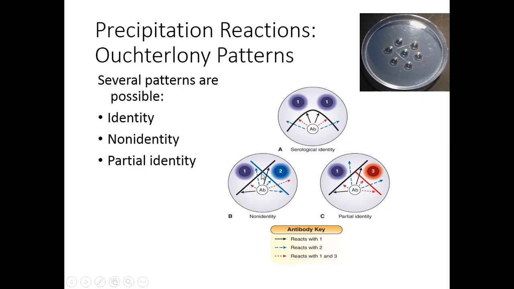This X is non-identity. That's how I always remember it, X is a no. No, this is not right. The known is not the same as the patient, so they'd have non-identity. We didn't really get an answer for the patient other than we know what it's not.